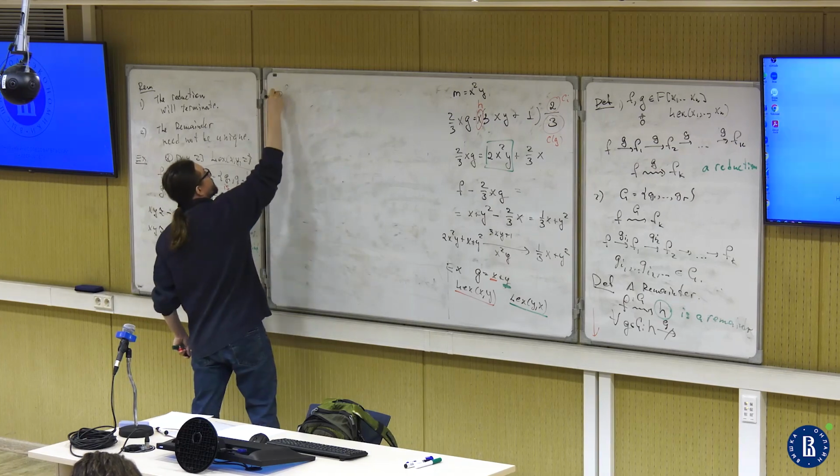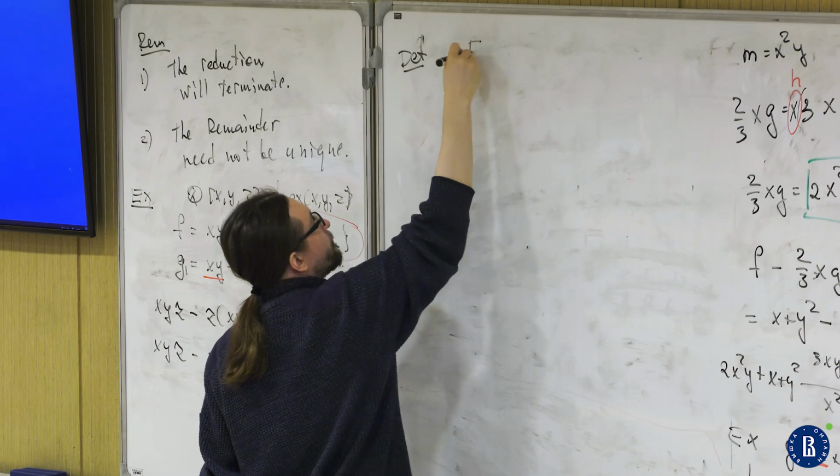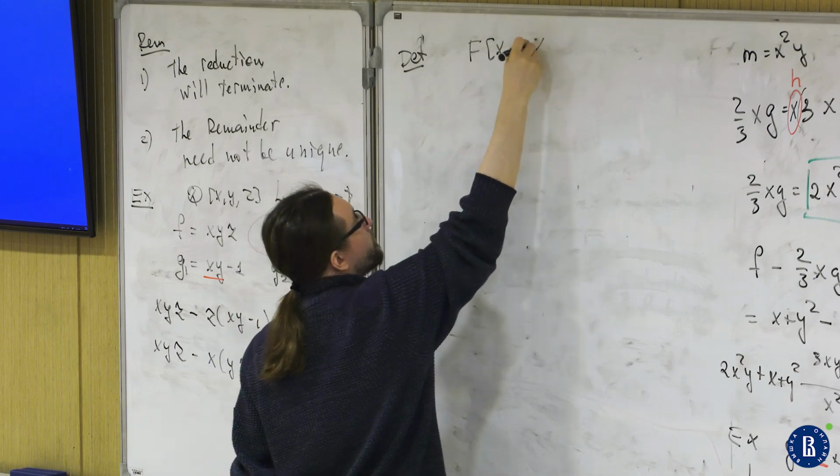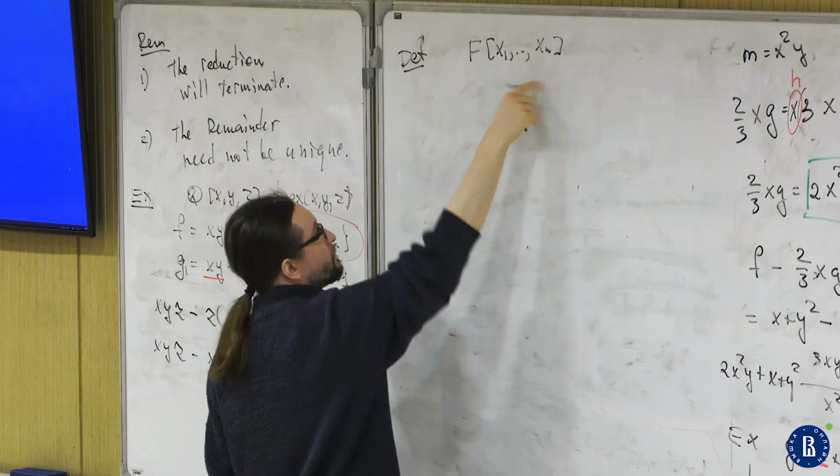The definition. Well, okay, we have this ring of polynomials, so any field, several variables.